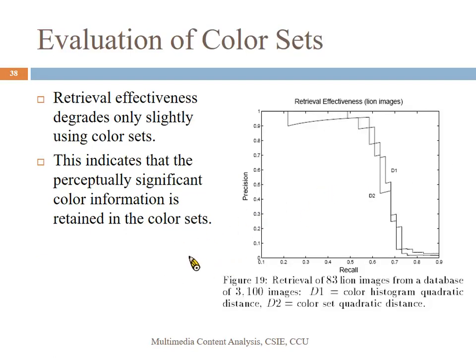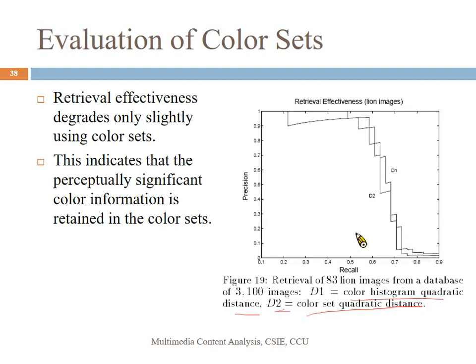So how about the performance of the color set? As we said before, color set is a kind of simplified version of color histogram. So what if we use color histogram rather than color set? Here we also use precision recall curves to show the performance variation. Curve D1 is the performance of color histogram quadratic distance, and D2 is the performance of color set quadratic distance. We can see that these two curves are quite similar.